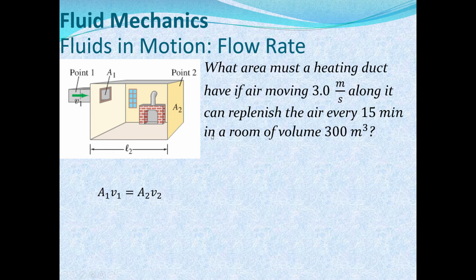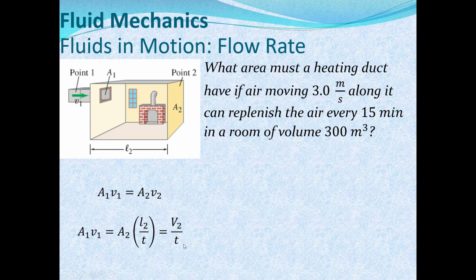But if we take a step back and look at our previous derivation of this, we can backtrack and say, well, remember, velocity is just length divided by time, and area times length is volume.